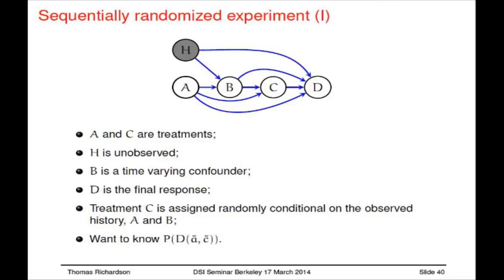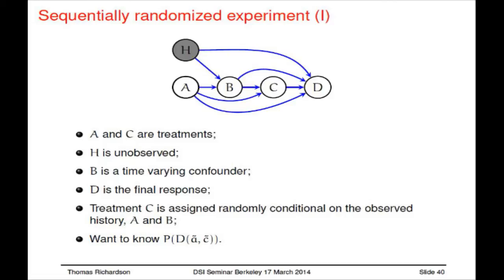We see them, B might be side effects that they have, some kind of time-varying confounder. C is then a second treatment that is being assigned randomly, but randomly conditional on the earlier history. So for example, your probability of receiving the second treatment C might depend on how severe the side effects B were that you suffered.